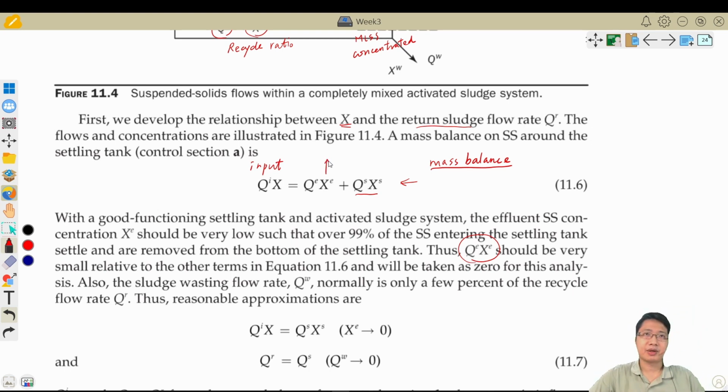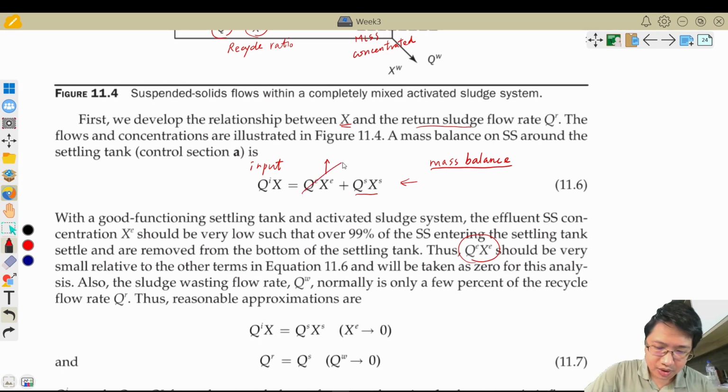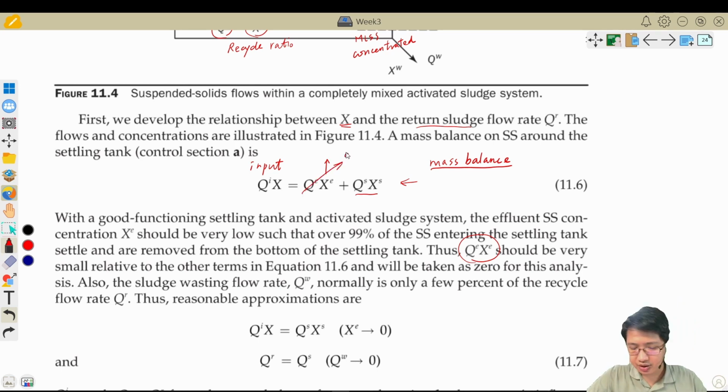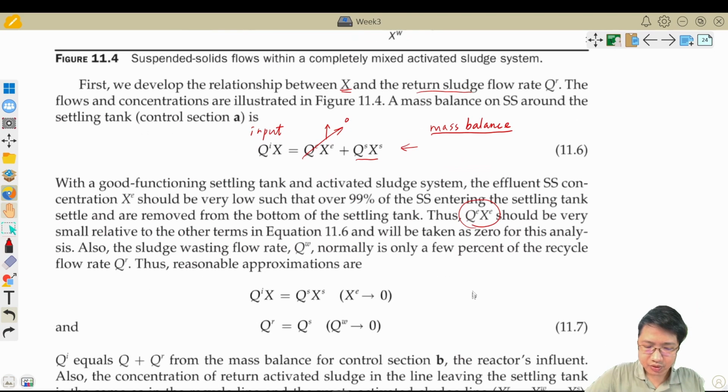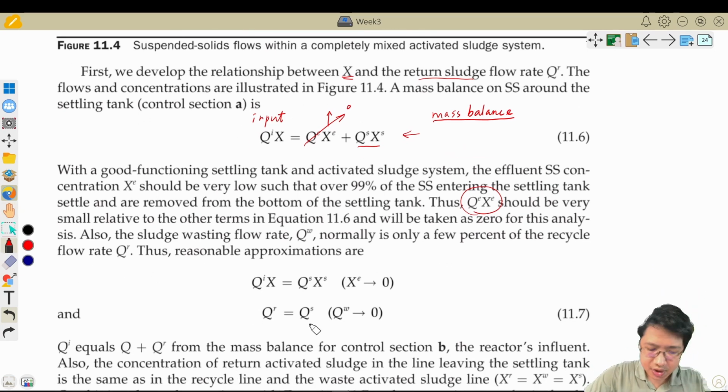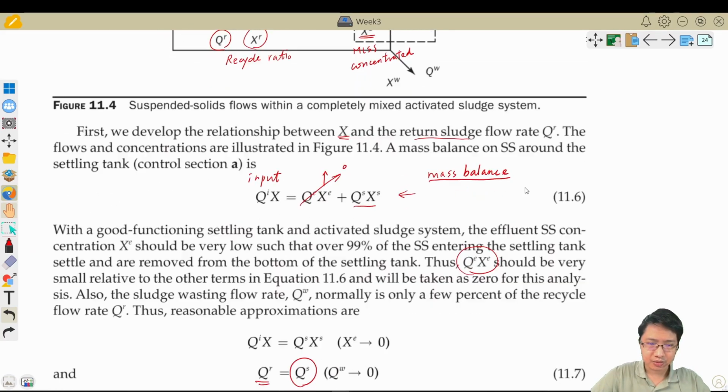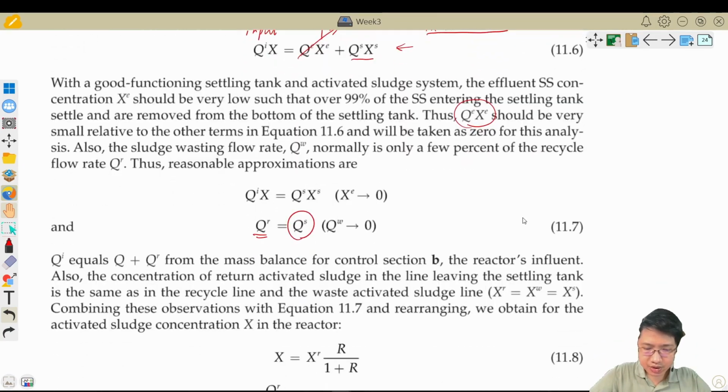If we assume that QE times XE, the effluent biomass concentration, is pretty low, we can just ignore this term as 0. So we get Qi times X equals QS times XS. Then we can replace QS with QR, the flow rate of your recycle.